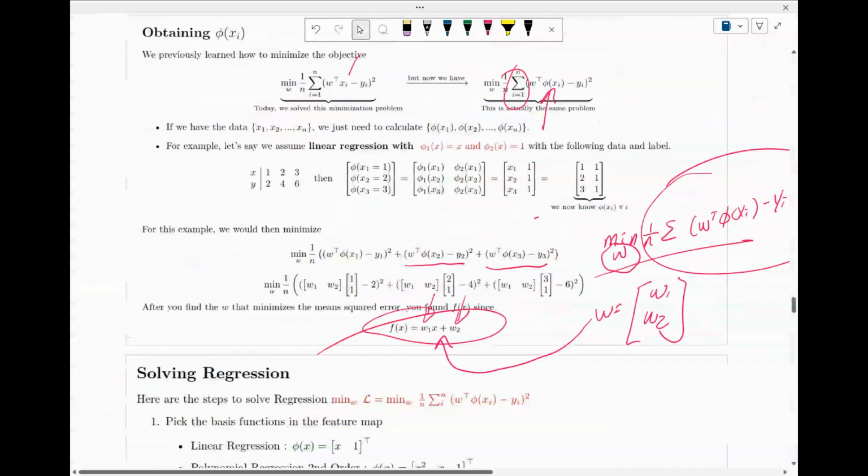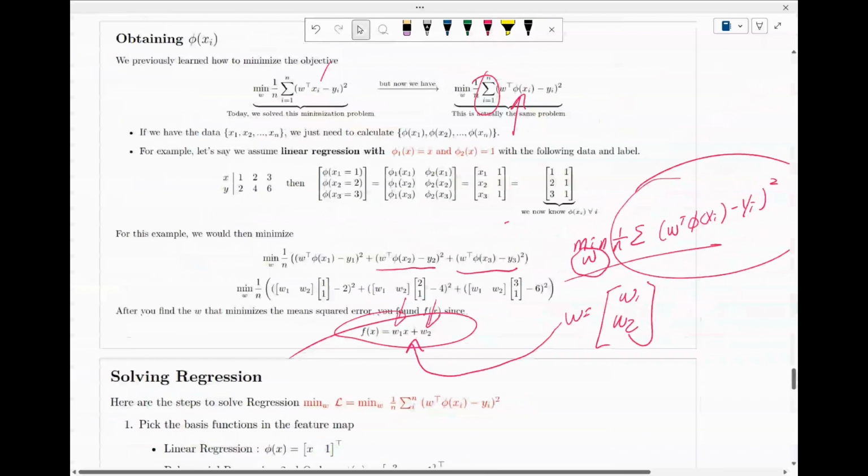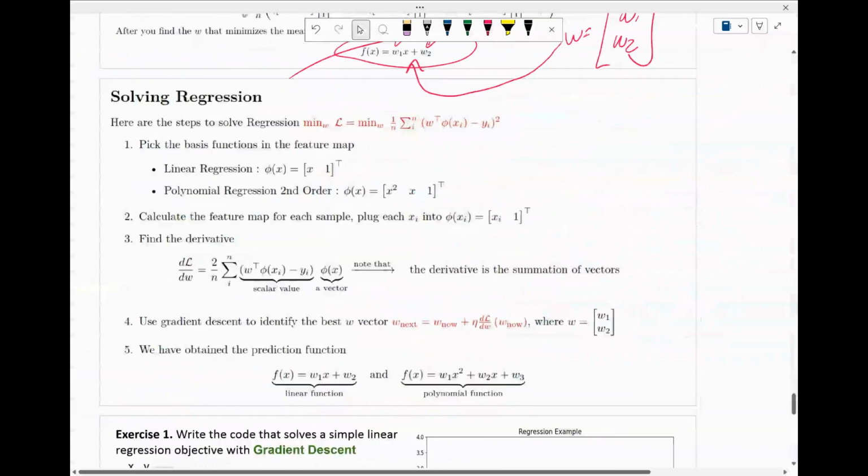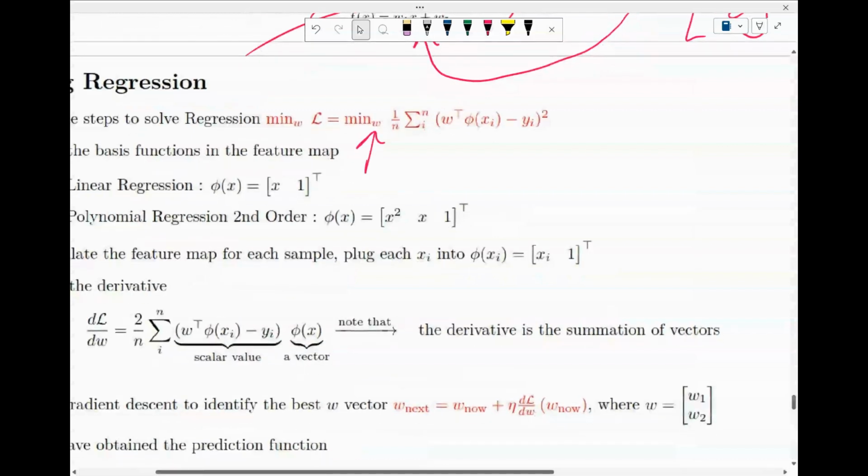So this is how you identify the function. This is how you solve a regression problem. First, you set up a problem where you want to minimize the error between your function and the label. And to minimize that, you're trying to find a W that makes it as small as possible. And once you find the W, like I said, you know the function.